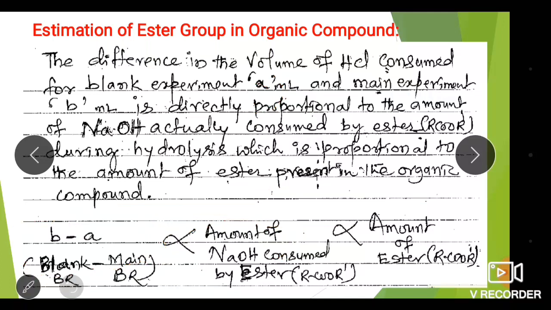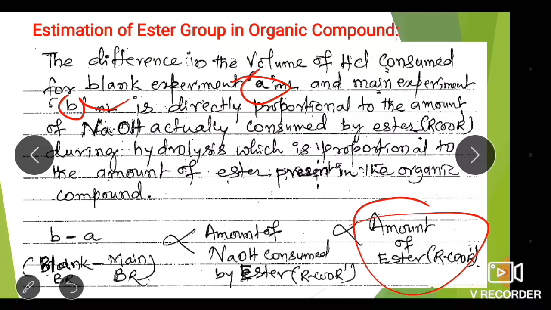So the difference in the volume of the HCl consumed for the blank experiment, B ml, it is not A, it is B ml, and the main experiment, that is A ml, is directly proportional to the amount of NaOH actually consumed by ester during the hydrolysis, which is proportional to the amount of ester present in the organic compound.